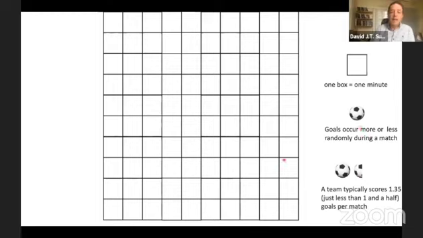The way you think about this as a model is you basically think about just throwing these balls, these random goals, down at random inside the boxes. Sometimes you throw one ball for a team, sometimes you throw two balls, sometimes you throw three balls, but you'll basically throw these balls down randomly in the time slots, a bit like the time slots I had in the histogram.